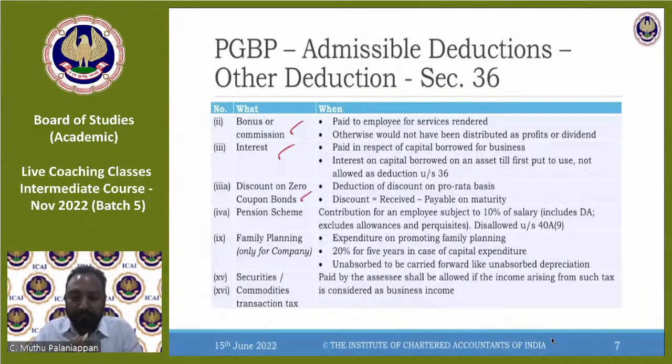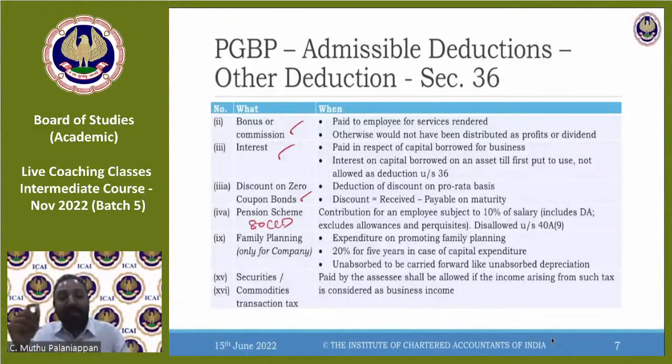Pension scheme. Whatever contribution the employer is making to a pension fund, that is 80CCD. Pension scheme under 80CCD, the national pension scheme, we saw in salary also. It is generally restricted to 10% of salary.